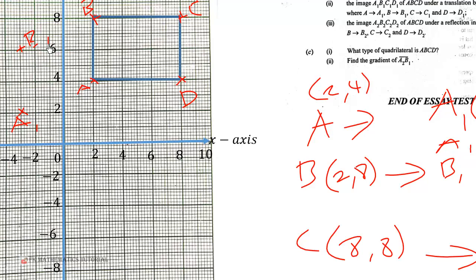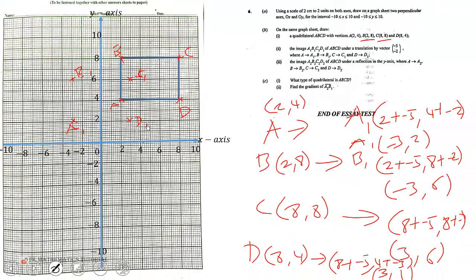So 3, 6 will be here. So that will be C1. And we have D1, which is 3, 2. 3, 2 is here. So D1. So we connect the points as well. So we are done with the B(i).